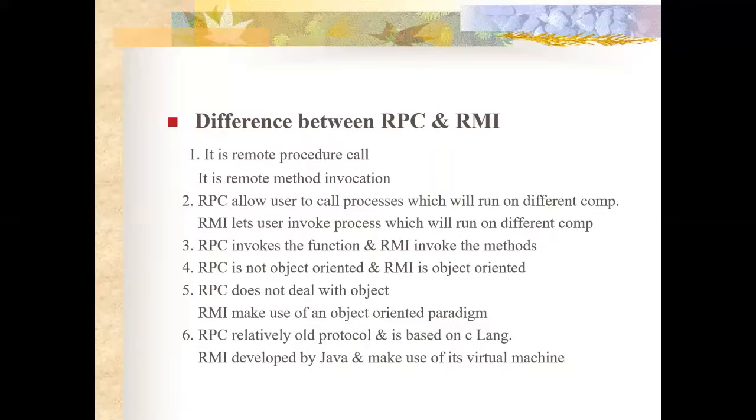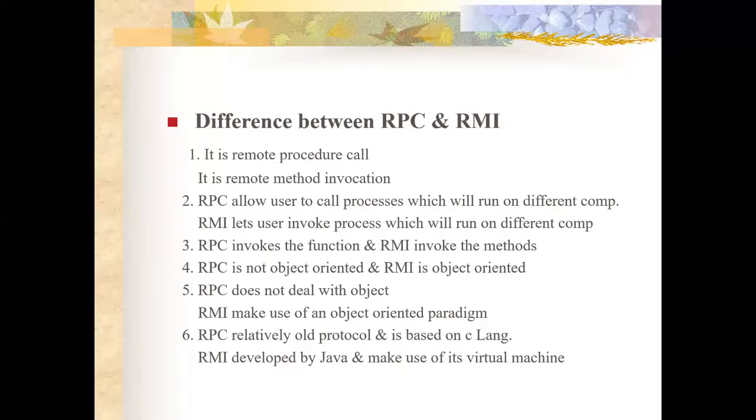The fifth one is that RPC does not deal with objects. It calls specific subroutines which are already established, so it is not object oriented. RMI makes use of object-oriented paradigms, where the user needs to know the object and the method of the object.